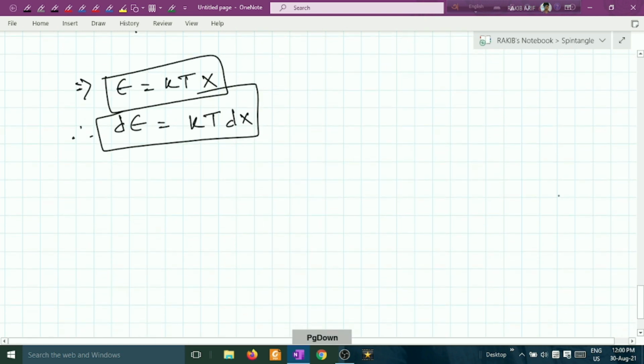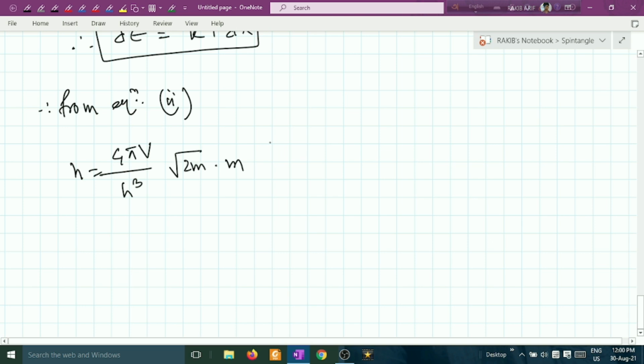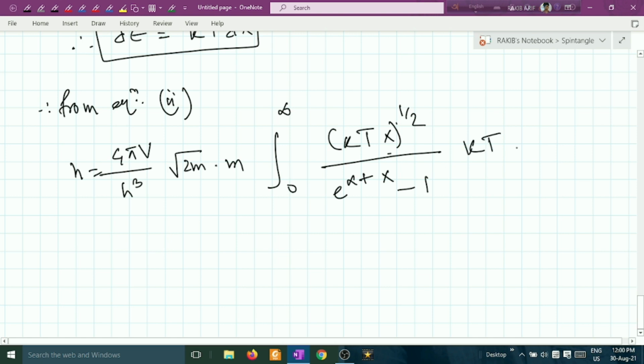From equation 2, what we can write? N equals 4 pi V upon h cubed, 2m times m. There will be a 0 to infinity term, and here it is (kTx) to the power half, because E is kTx, over e to the power alpha plus x minus 1. Here it is kT into dx.